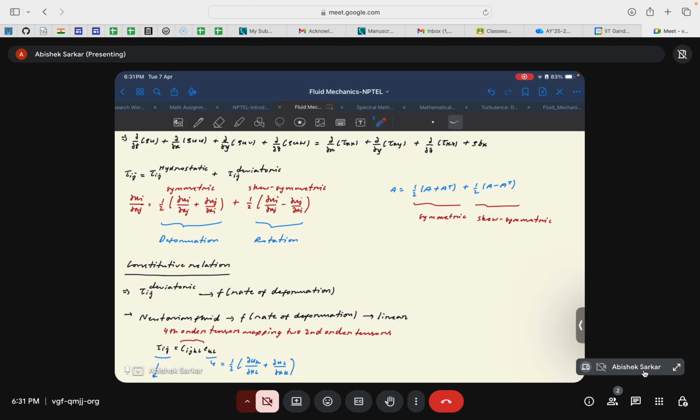The critical part is how to model the deviatoric stress components. That's where we apply the constitutive relation. Constitutive relation is basically the relation between the stress tensor, or specifically speaking the deviatoric stress tensor, and the rate of deformation. And by rate of deformation I mean the velocity gradients.